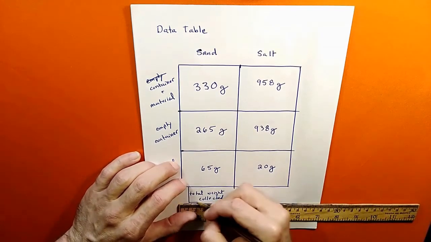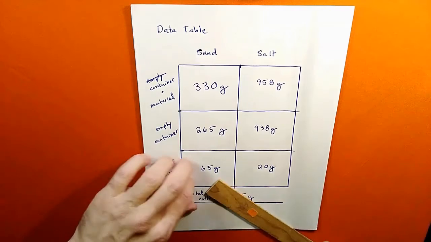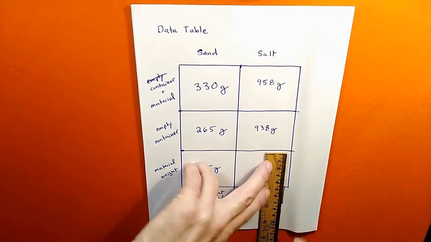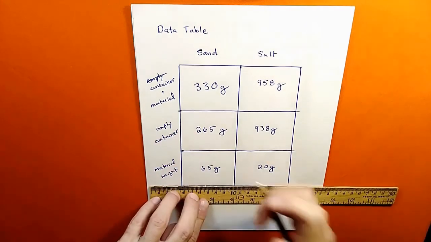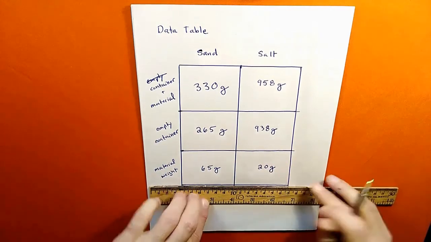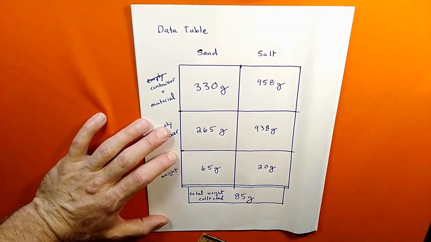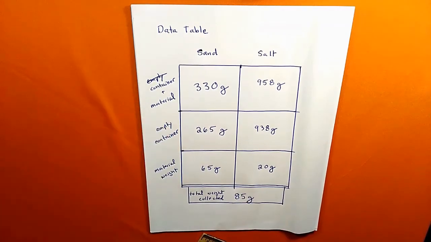I'm just going to tack it on to the bottom of the data sheet, and I'll even make this line a double line so we can see that the data ended and the total amount collected was 85 grams.